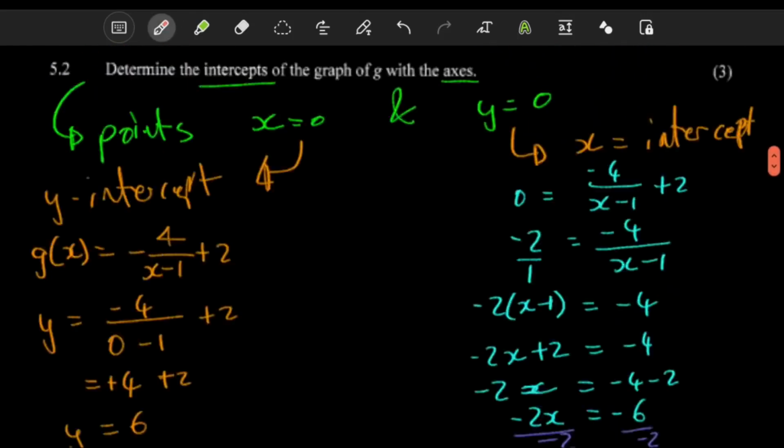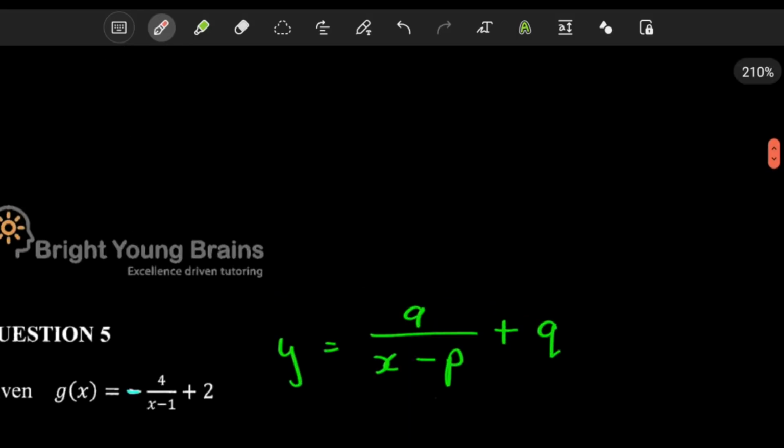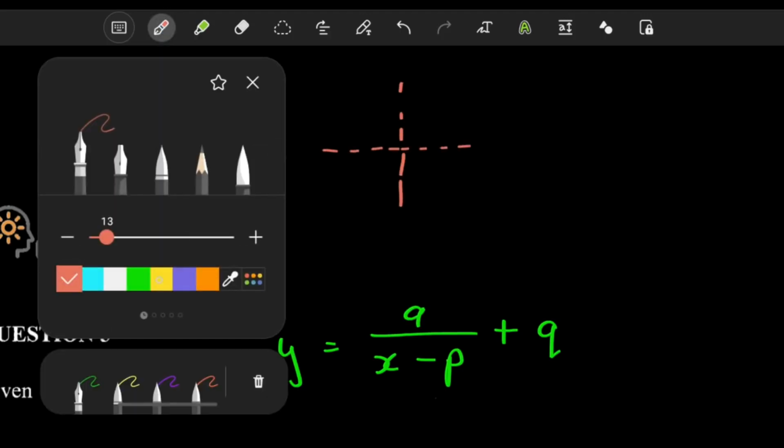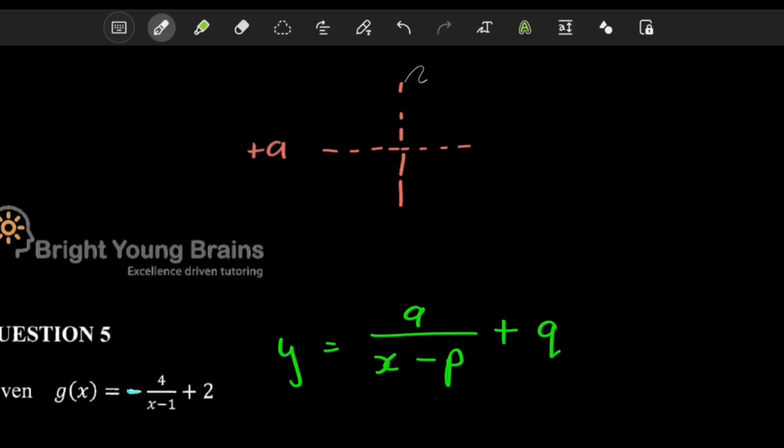Firstly, I have to explain this: if your a value for your hyperbola is positive, then with all your asymptotes, going up, we know you're adding numbers. Going to the right, we know you're adding, but going to the left, we know you're subtracting. Going down, we know you're subtracting.